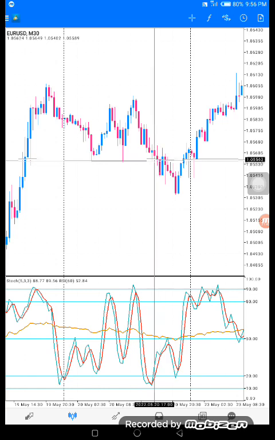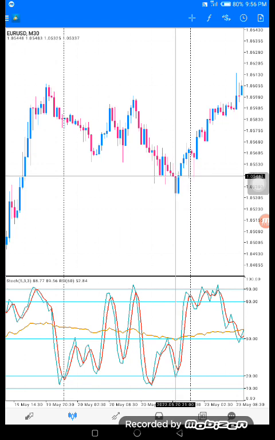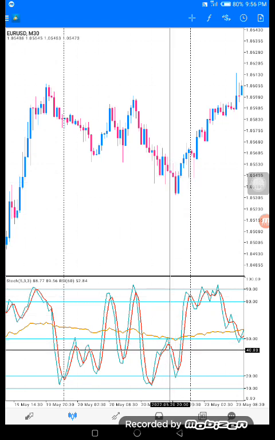And then if the market goes sideways, it stops you out on very minimum losses, which will not hurt your account. And then this is another crossover here.